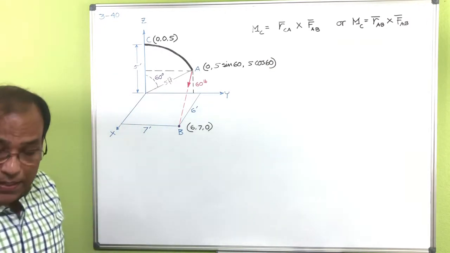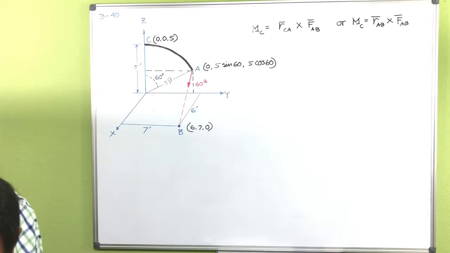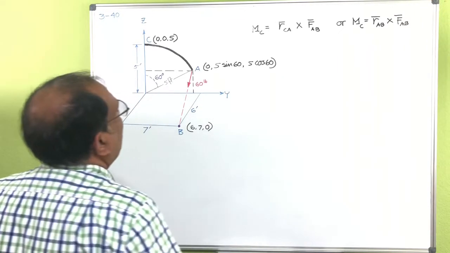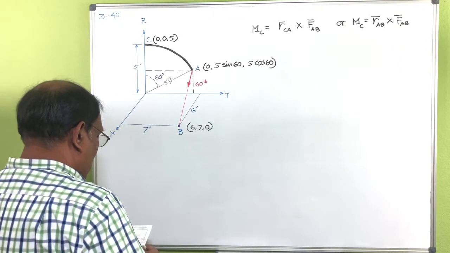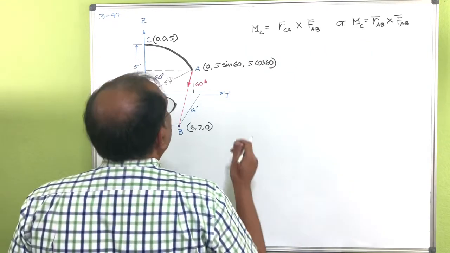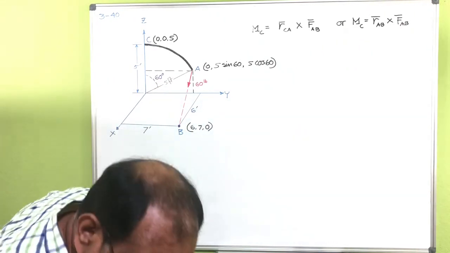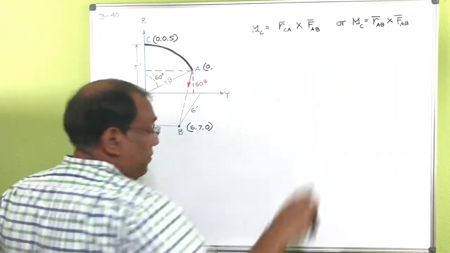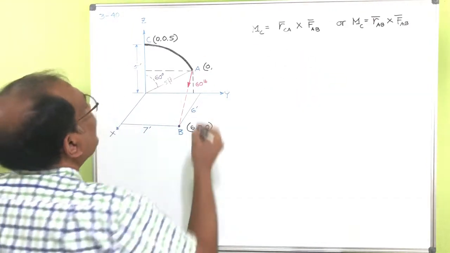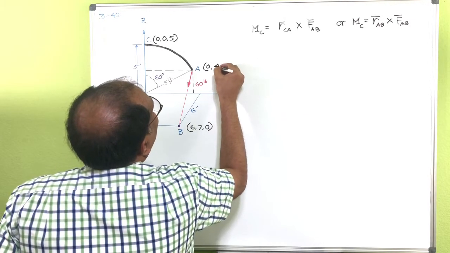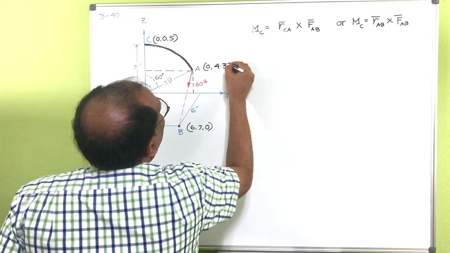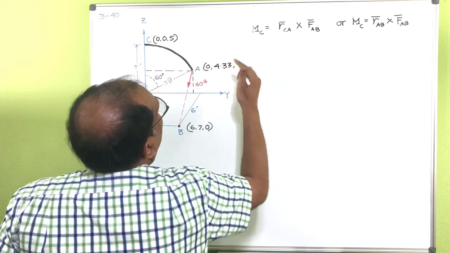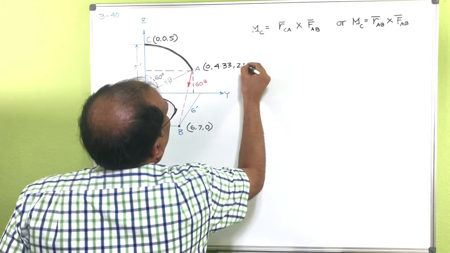Now I can definitely simplify those numbers. Just plug in the values of sine 60 and cosine 60. That's actually 0, 4.33, and 2.5.